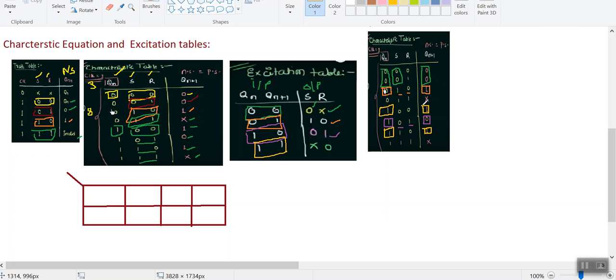At this particular condition you are getting the output S as 0 and S as 1. So here the changing is occurring. Therefore S is my don't care here, whereas 0 is constant, therefore I can consider my R value as 0 directly. So this is the excitation table which was derived from the characteristic table.